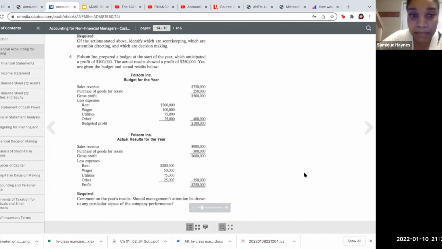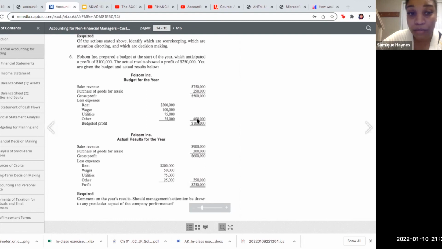If they had to spend a lot more on purchases and it just wasn't worth the increase in revenues, then maybe we'd have a problem. And then our other expenses here are rent, wages, utilities, other expenses: we actually ended up spending $350,000, but we budgeted to spend $400,000, so lower than expected. Very good, Joseph.